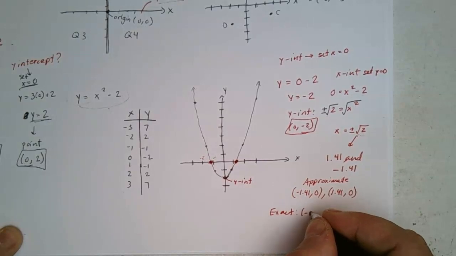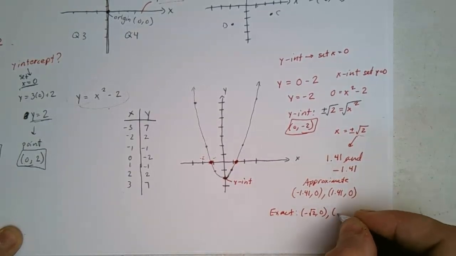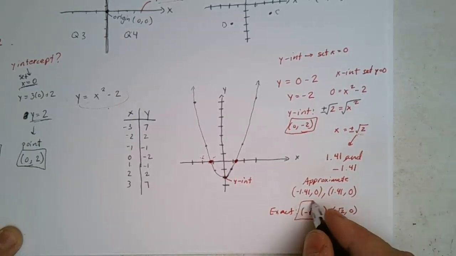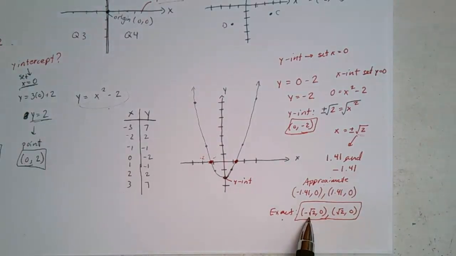It would say negative root 2, 0, and root 2, 0. Okay? And the difference between an exact and an approximate answer is an exact answer has not been rounded, which means the person who uses this answer gets to round it to however many decimal places they want, versus here it's been rounded to 2, and if I need 5, I'm kind of stuck.